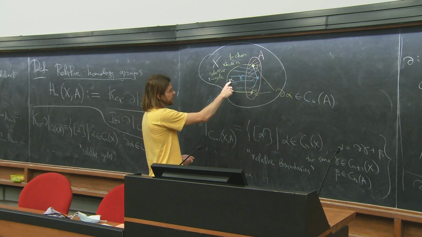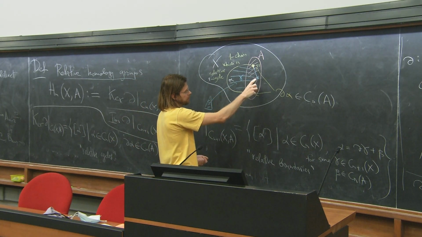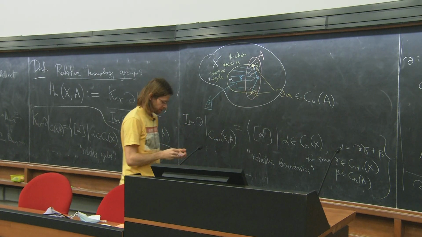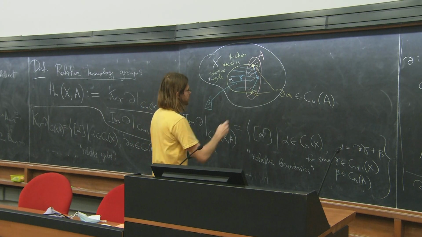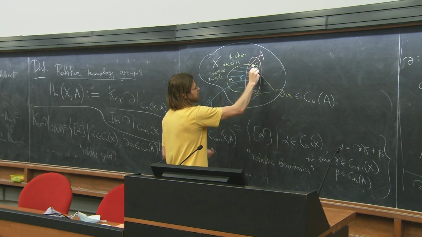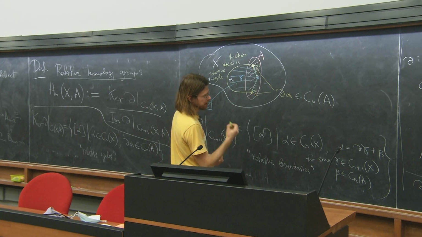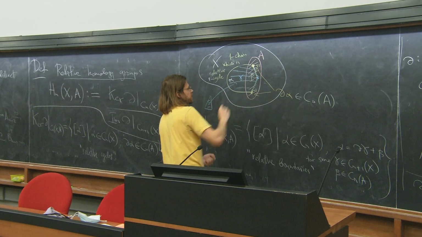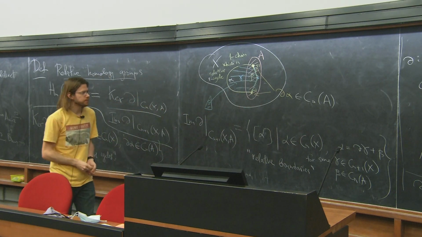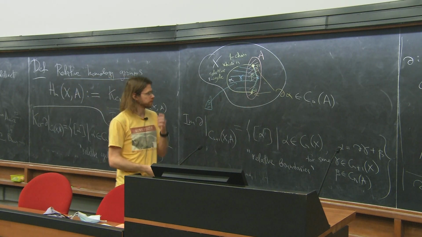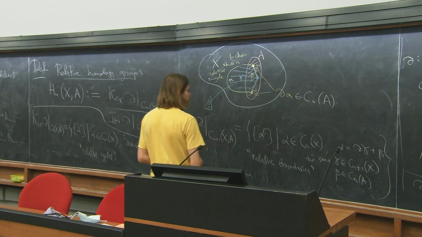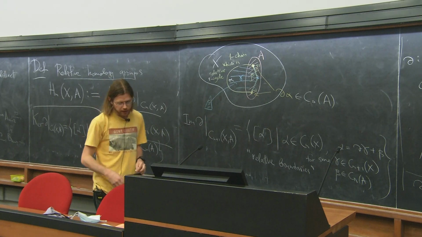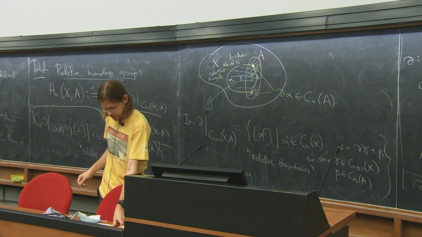It gives you alpha up to some chain in A. So this part can be beta. Any questions about these definitions and the terminology?